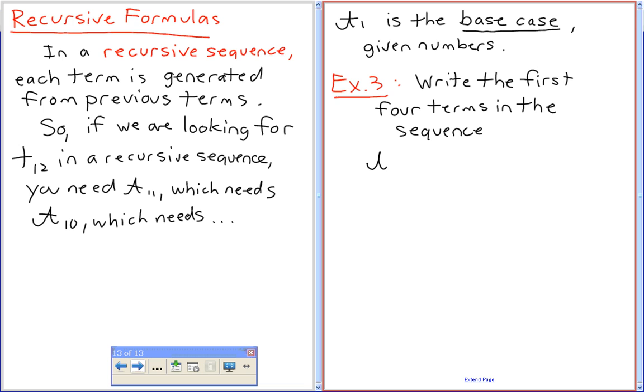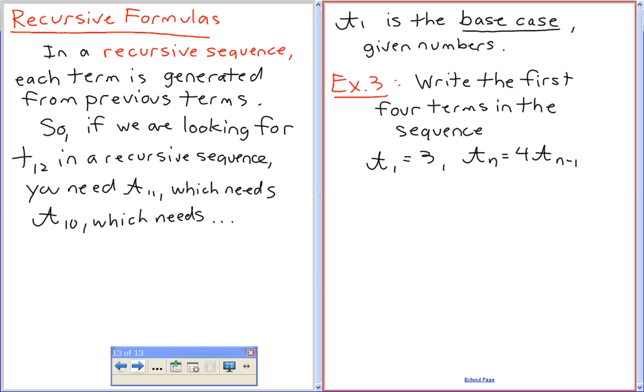T1 equals 3, Tn equals 4 times Tn minus 1. Now do not freak out. This looks scary. It is not scary. T1 is equal to 3, and Tn is equal to 4 times Tn minus 1. So let's just start writing things out here.